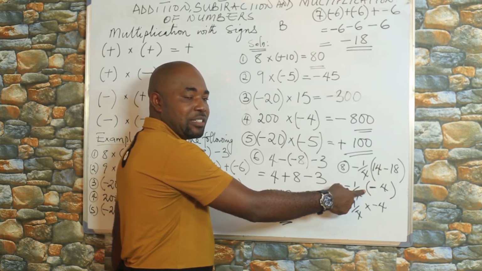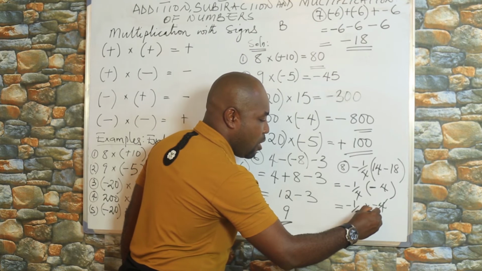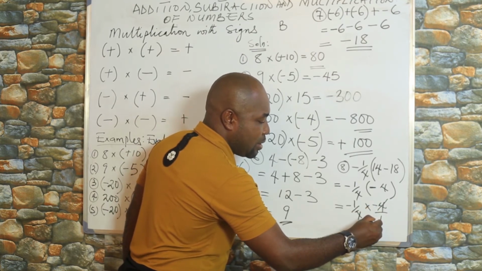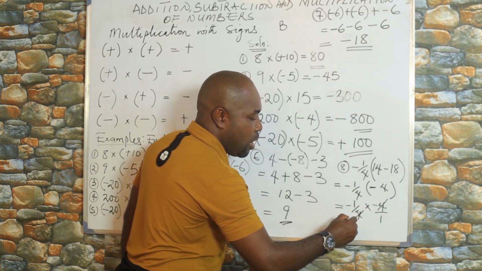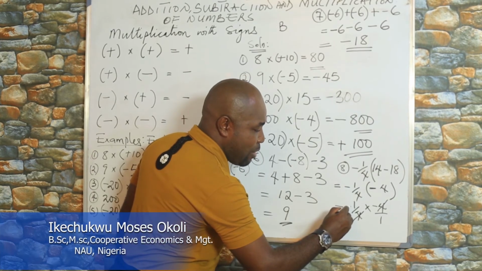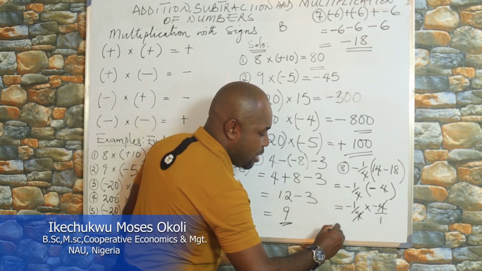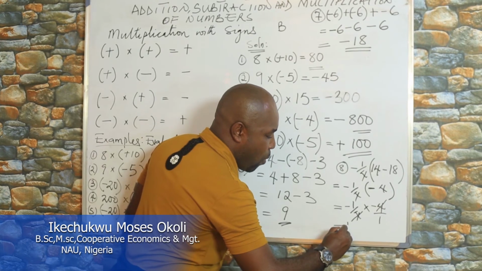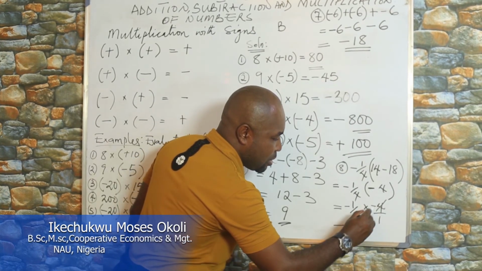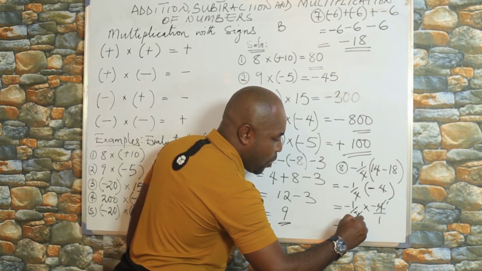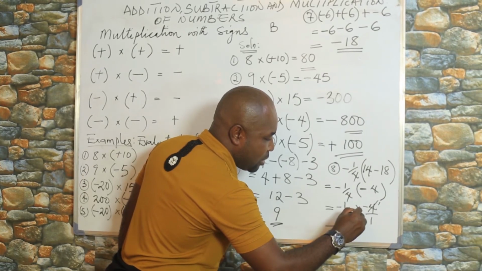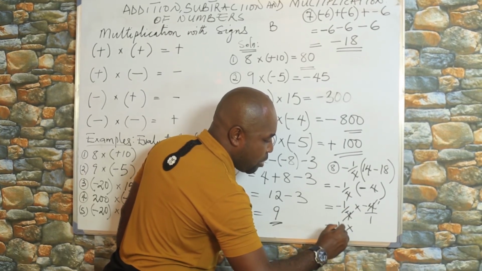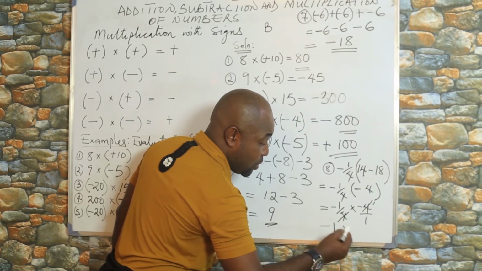Am I communicating? Now we can cancel out 4 because this is 4 over 1. So 4 will cancel out 4. Remember your minus here. We have minus 1 times, because 4 cancel out 4 will be 1. So this will be minus 1 times 1, 1 times 1 is 1.